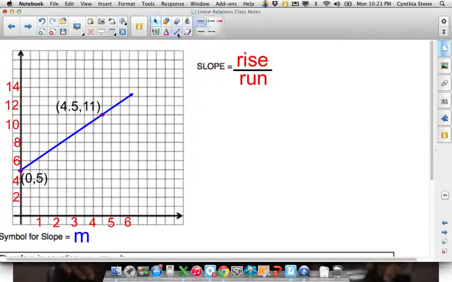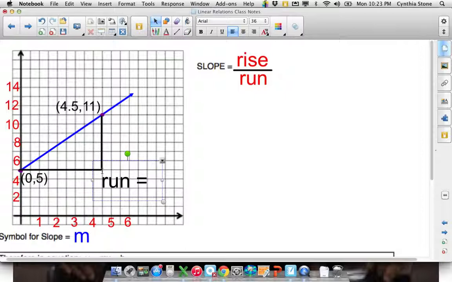You don't have to do this, but it's nice to draw a little triangle, like a right angle triangle, because this is how much the run part is, and this is how much the rise is. So the run equals, you just see how far it's gone over.